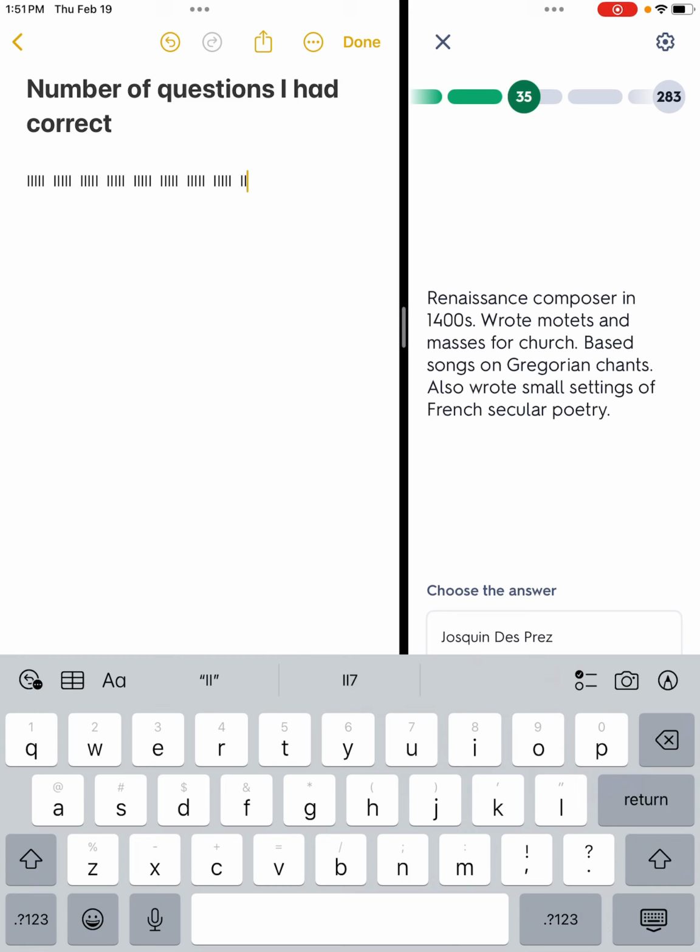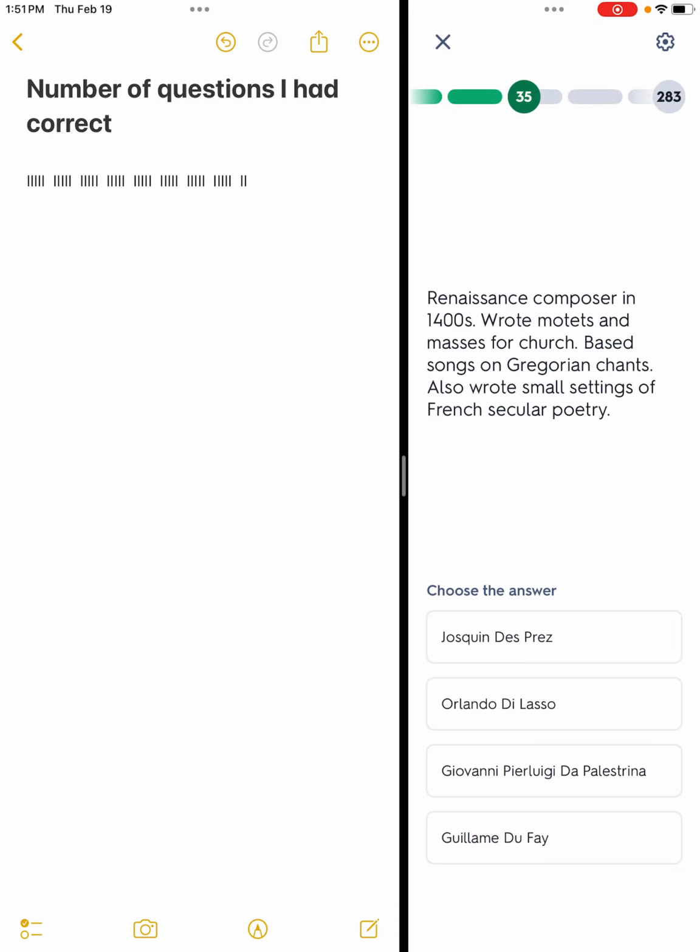Renaissance composers in the 1400s wrote motets and masses for churches based on the songs of Gregorian chants. Also wrote small settings of French secular poetry. Wrote motets and masses.